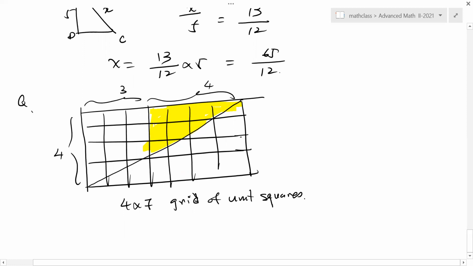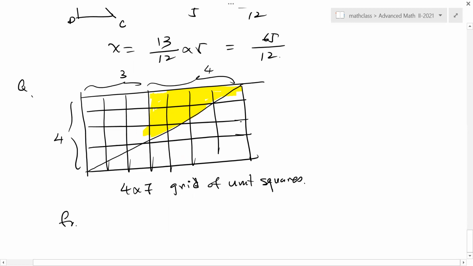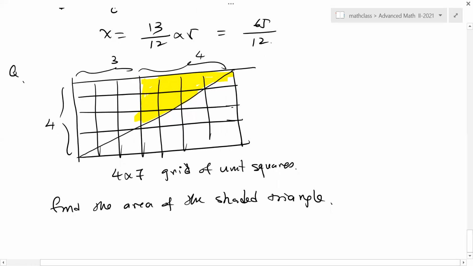Now I want to find the area of the shaded triangle. Please give me the answer.